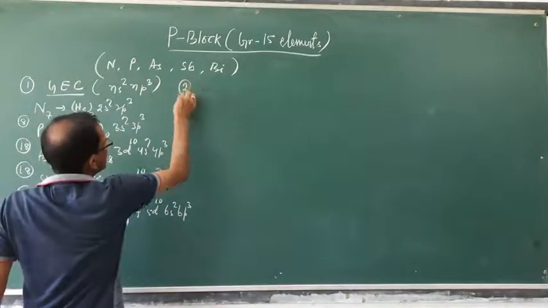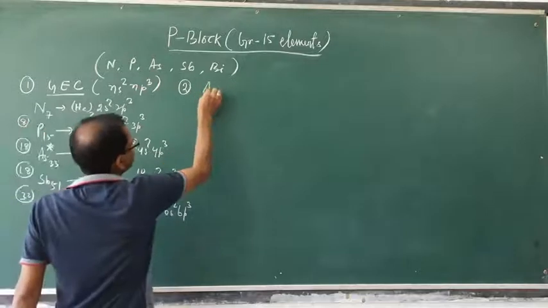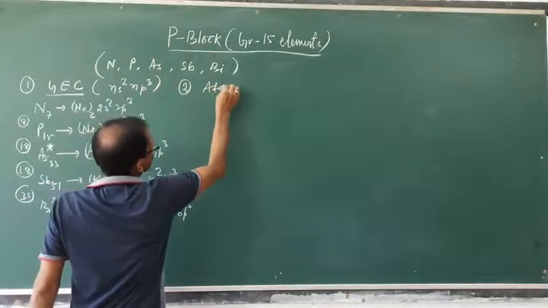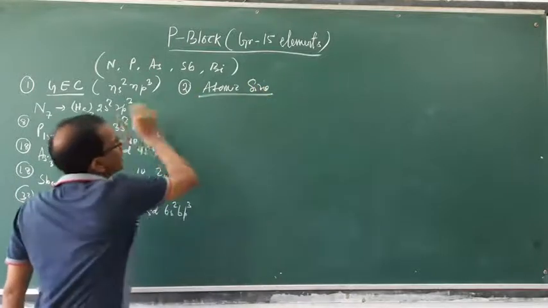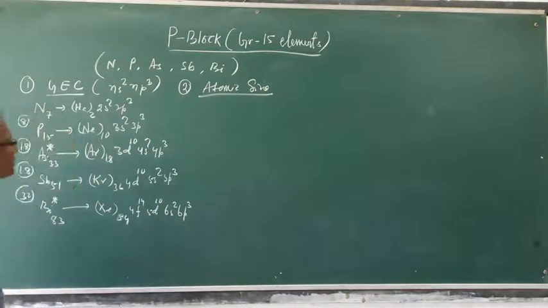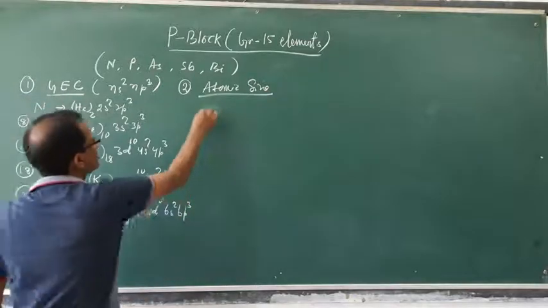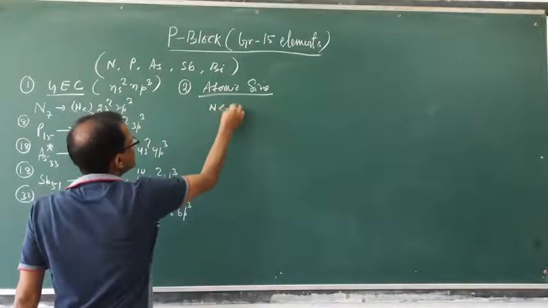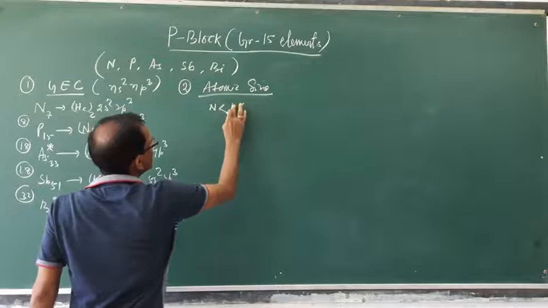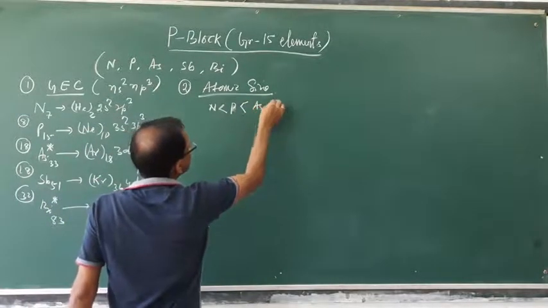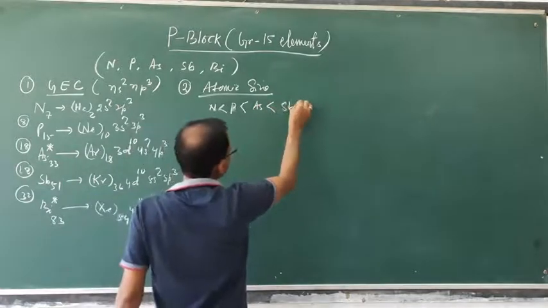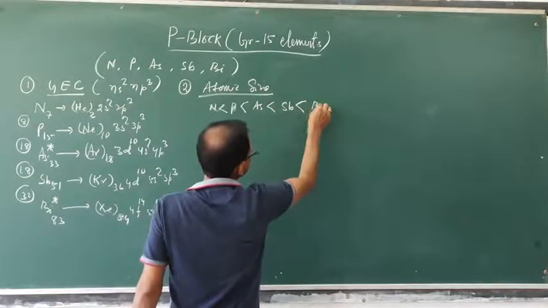Second property is atomic size. The atomic size increases in order: nitrogen is less than phosphorus, less than arsenic, less than antimony, less than bismuth.